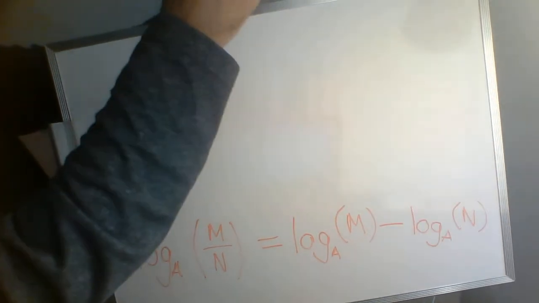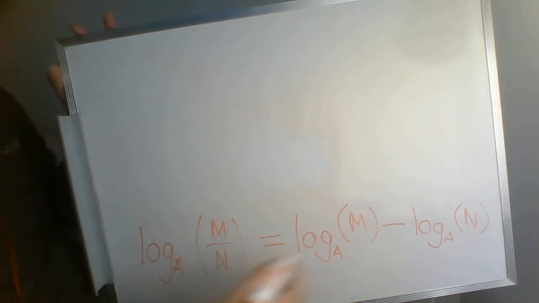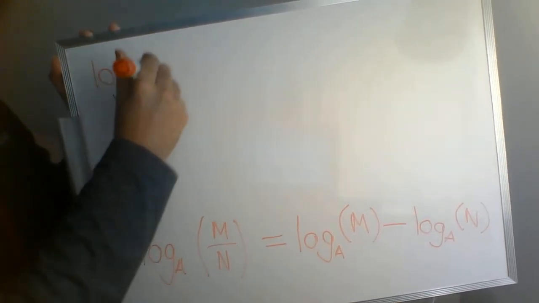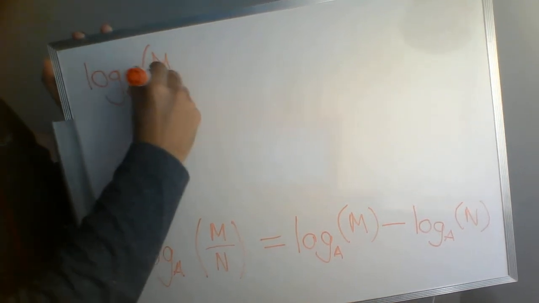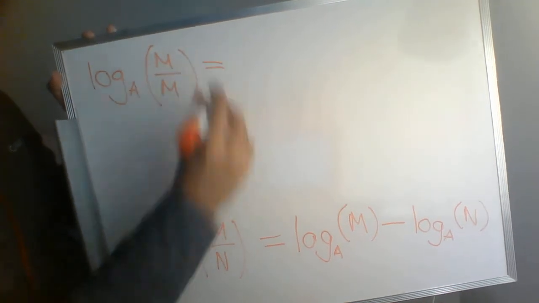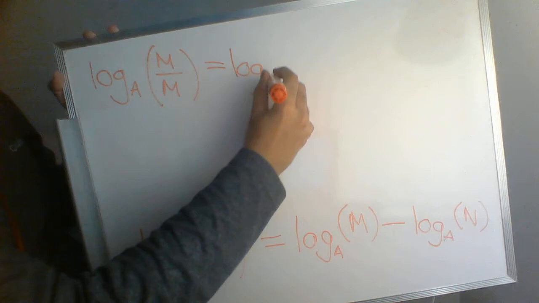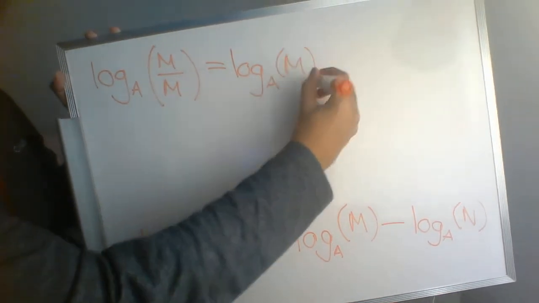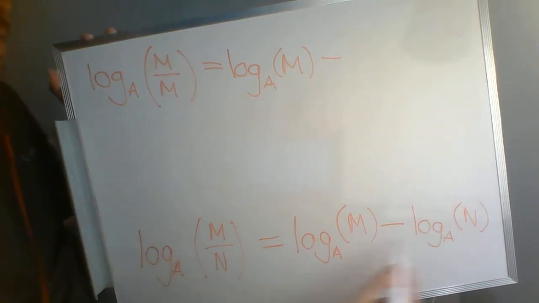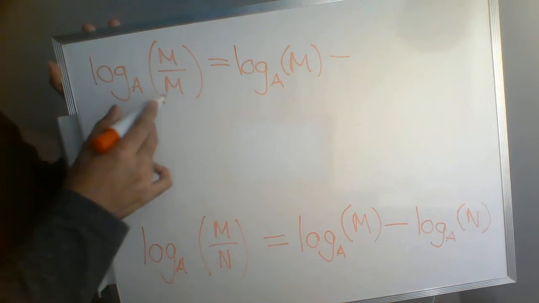So what we'll do this time is we'll replace the n's with m's. I'll write this as log base a of m over m, which is the same thing as, if we follow the right side, well, that first side isn't going to change at all. It's going to still be log base a of m minus, now we're not going to have an n over there this time because we've changed the n that was our denominator into an m.